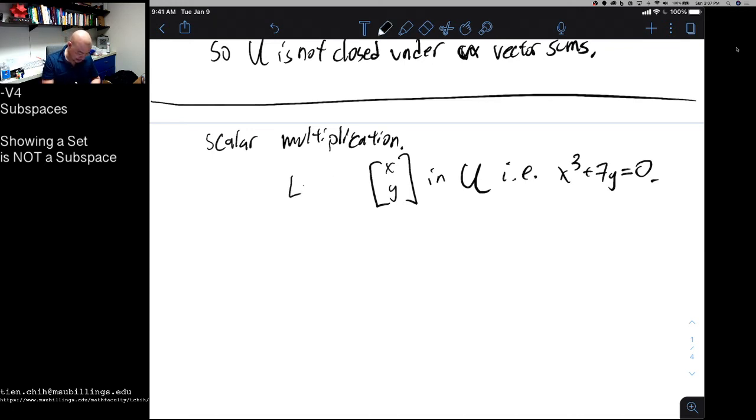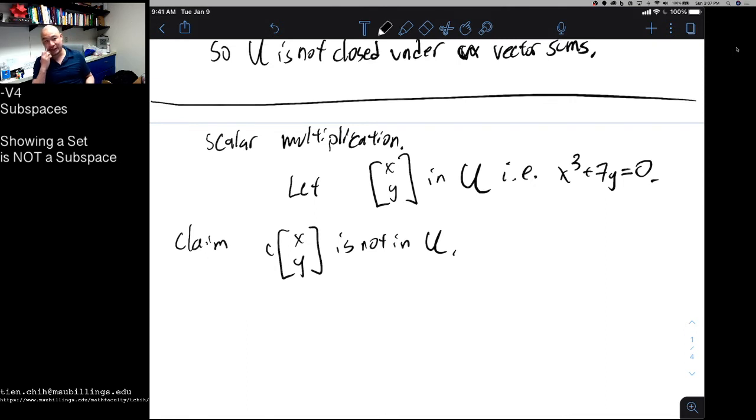And our claim is that c(x, y) is not in U in general. So how do we approach this?